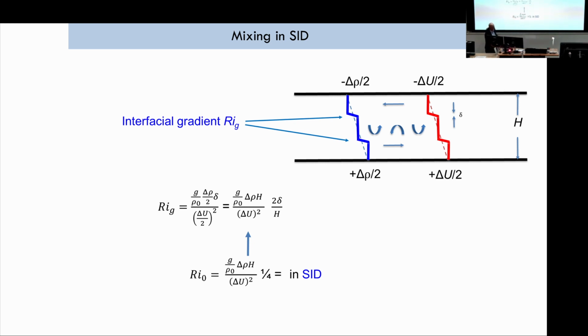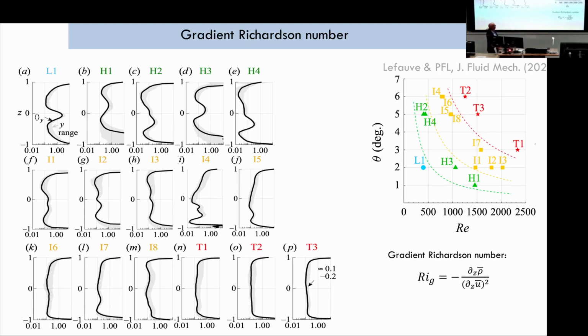So what we expect on these interfaces is that the gradient Richardson number is the thickness of the interface divided by twice the total depth of the system. So we can measure it in the lab. So we measure the gradient Richardson number.